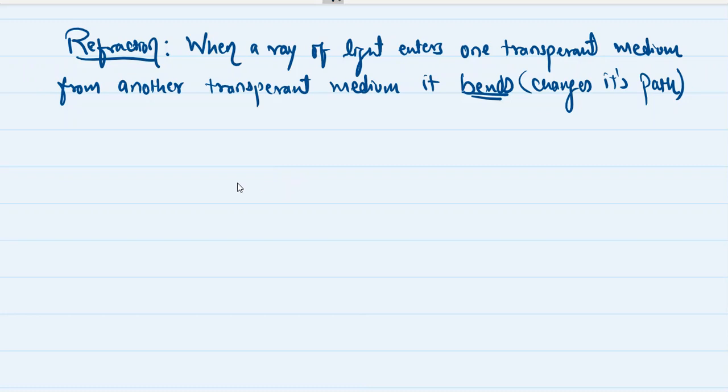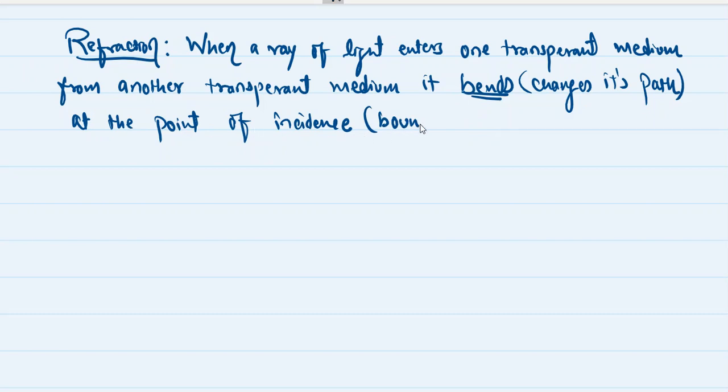It bends or changes its path at the point of incidence. What is the point of incidence? We just saw, it is the point where it strikes the boundary of separation of two media. Where is the point of incidence located?